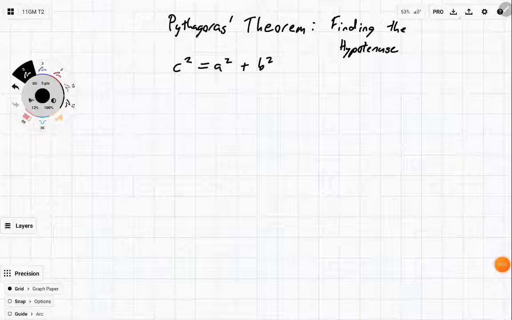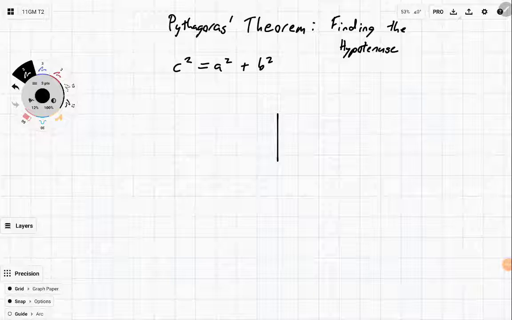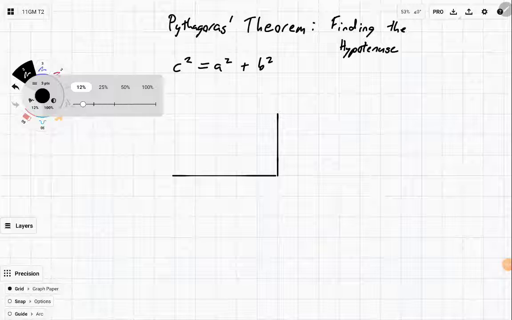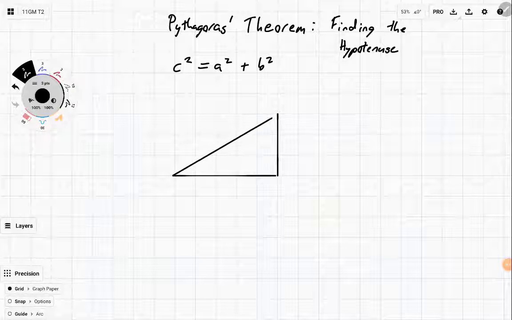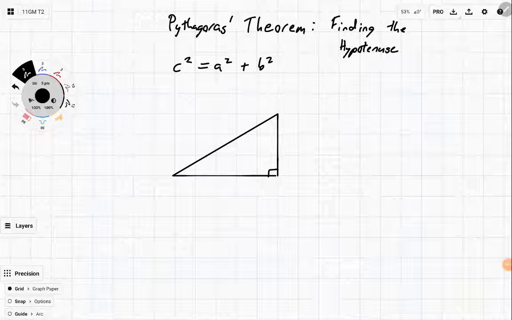Alrighty, so let's talk about a right-angled triangle. If I have myself a right-angled triangle, something that looks like this, we can notice that it's going to have three sides. That's just part of what it means to be a triangle. What we're going to be talking about, however, is which sides are which.